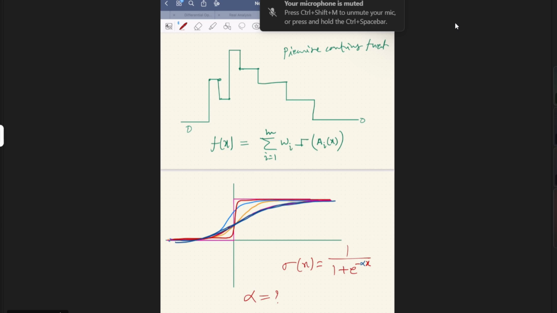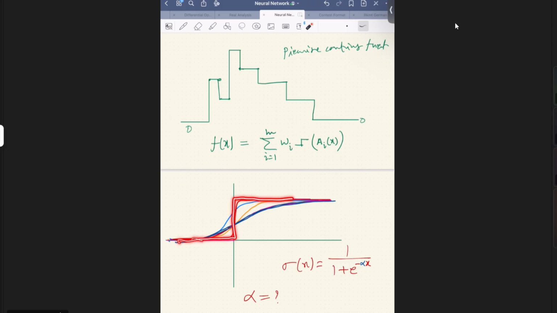If I wanted to produce something very much close to the peak function, but not the peak function, what alpha should I keep?